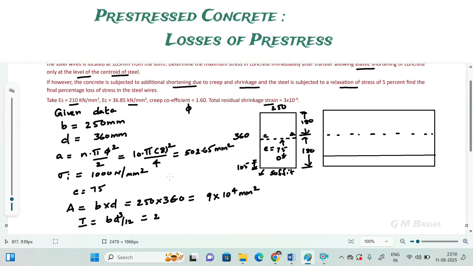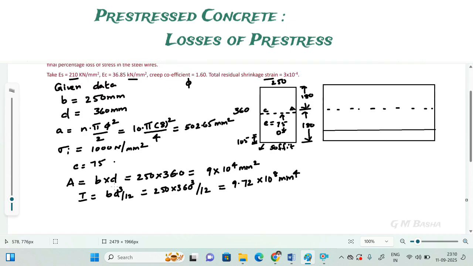So what is B? 250. What is D? 360 cube divided by 12. If you simplify, how much you will get? 9.72 into 10 to the power of 8 mm power. So you will know moment of inertia always it will be mm power 4 only.